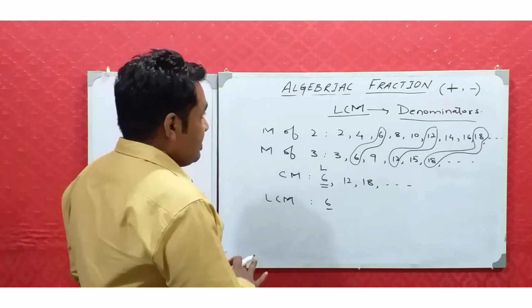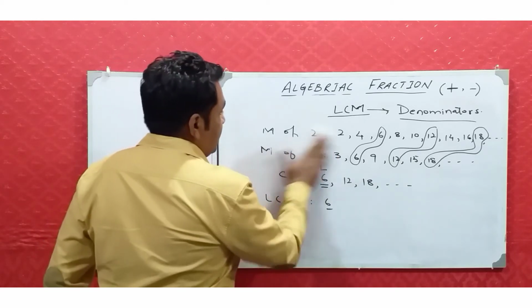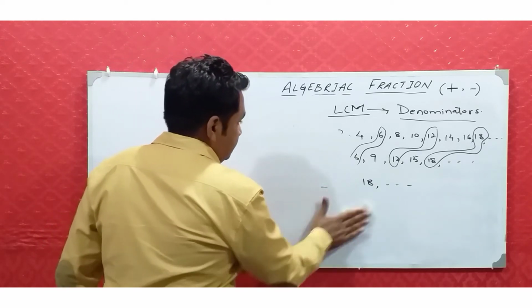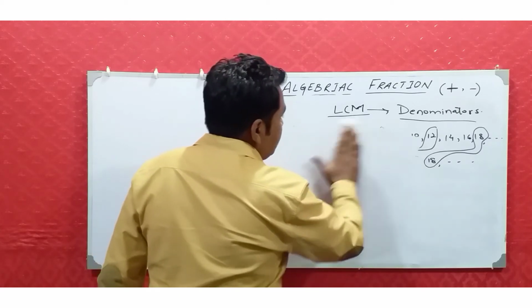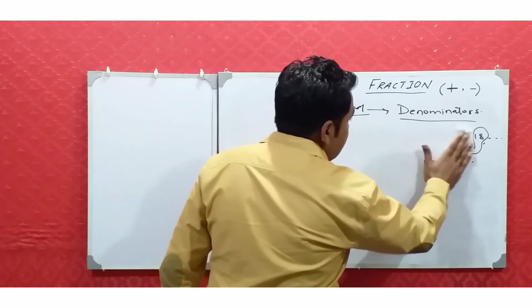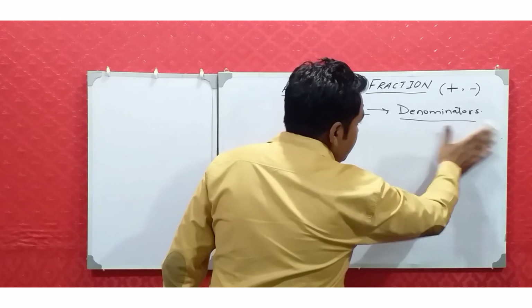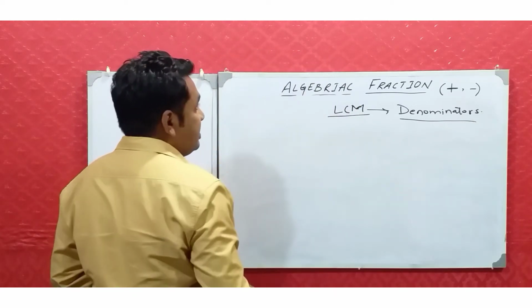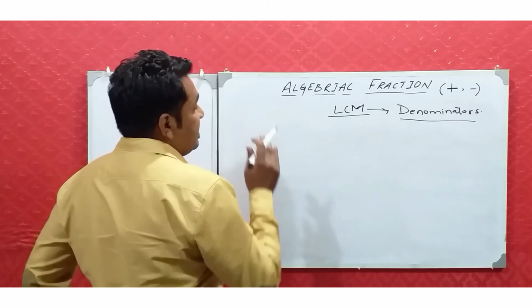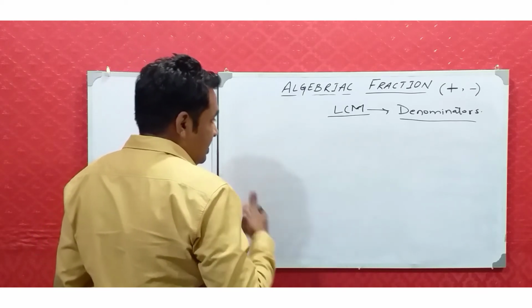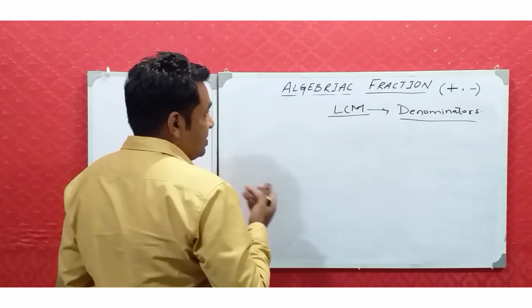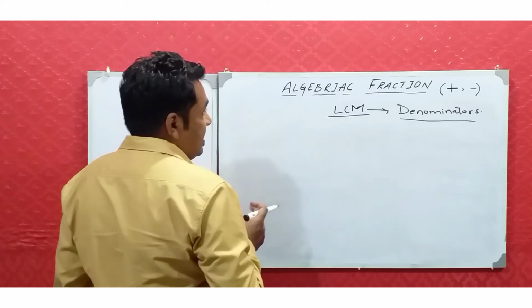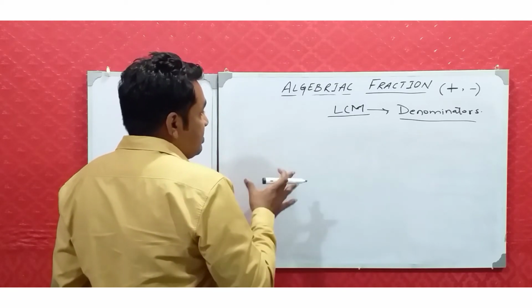Let's take another example. Why am I explaining these examples? Because I will show you that these concepts are the same when we are adding and subtracting algebraic fractions. Why we are revising it, you will come to know after a few minutes.